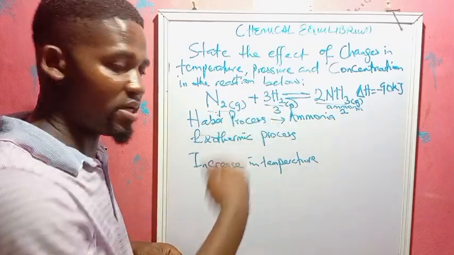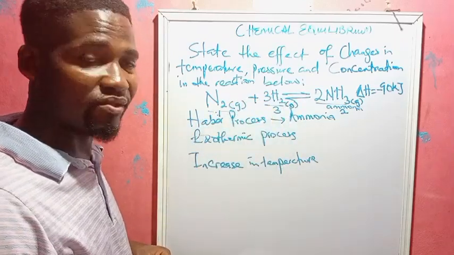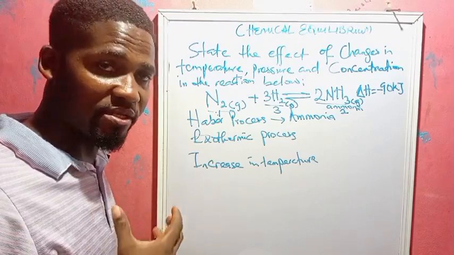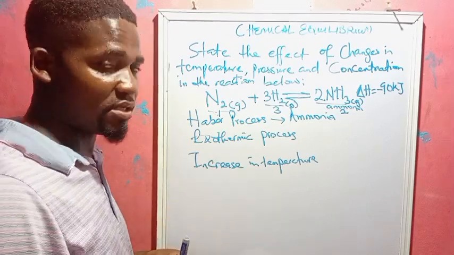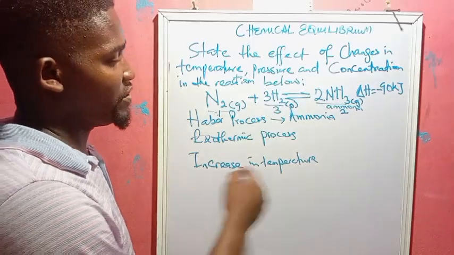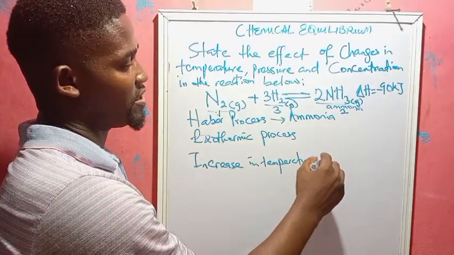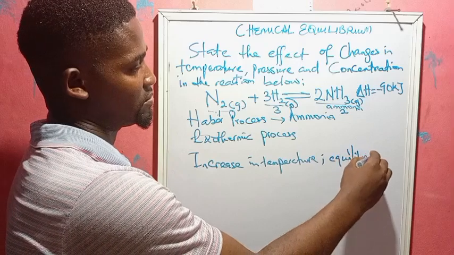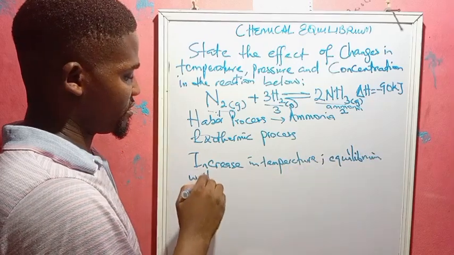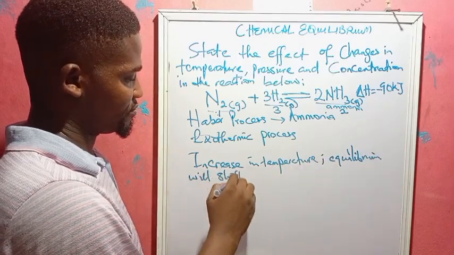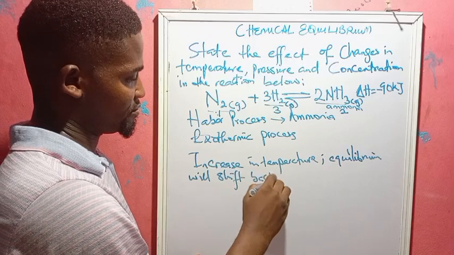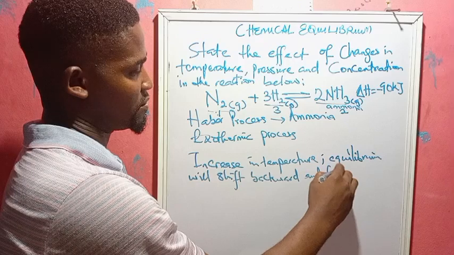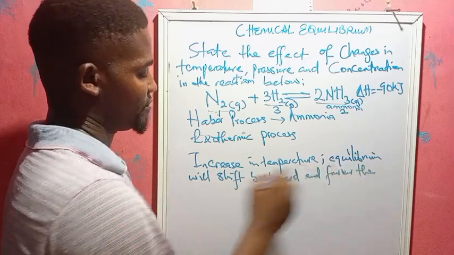The reaction goes backward because it is an exothermic reaction, and due to that, we have already excess heat given off to the environment, making the environment warmer. So if we increase the temperature here, the equilibrium position will shift backward and favor the reverse reaction.